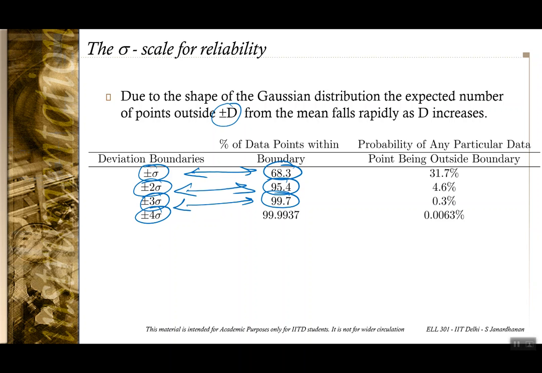If the table was extended further, we would see that within plus or minus 4 sigma it is almost 99.99% or more, which leaves a far lesser number of points outside that boundary.